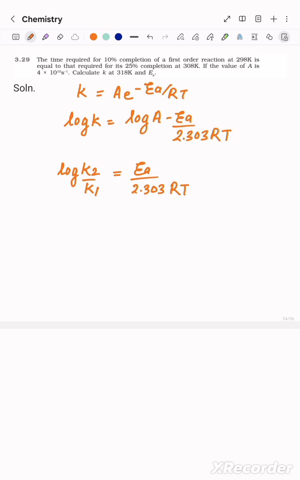R is the gas constant, EA we have to calculate, and both temperatures are given, that is 298 Kelvin and 308 Kelvin. So here the K2 and K1 values we have to calculate.